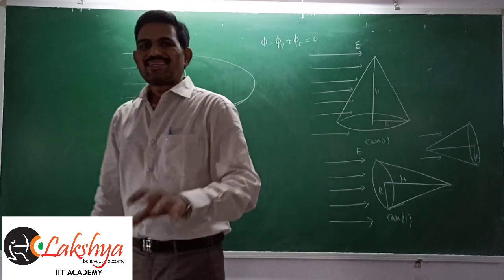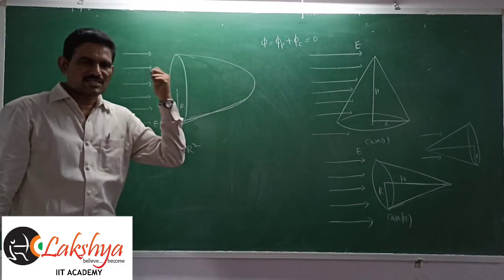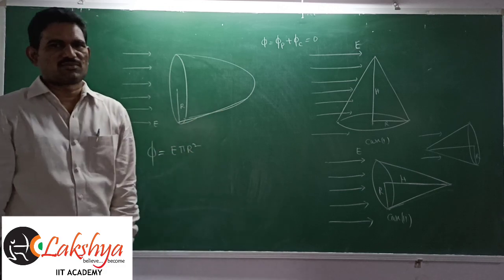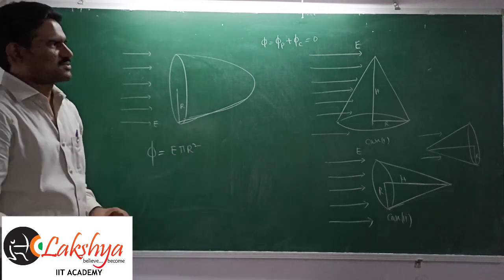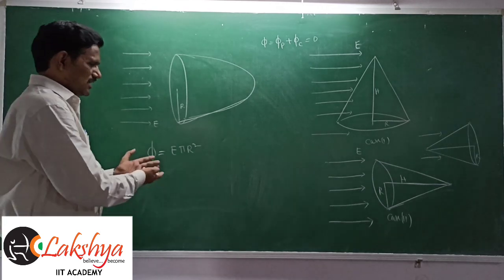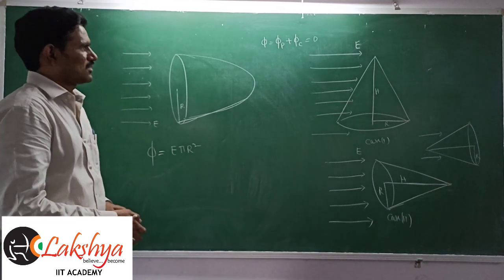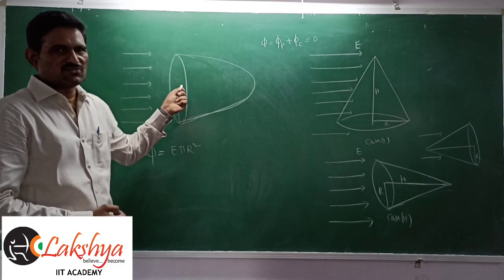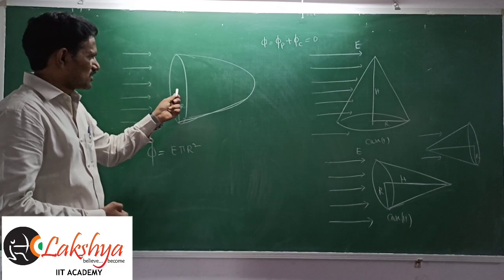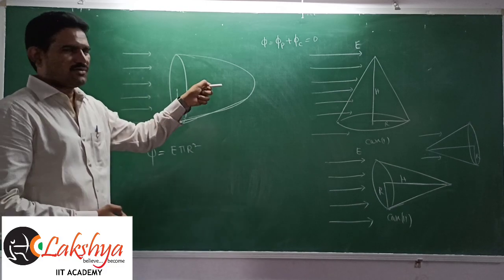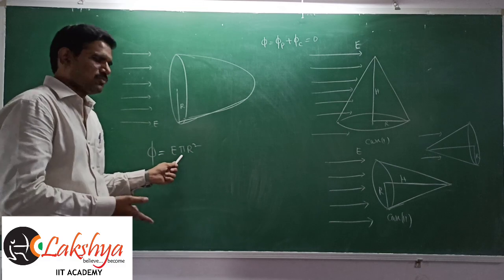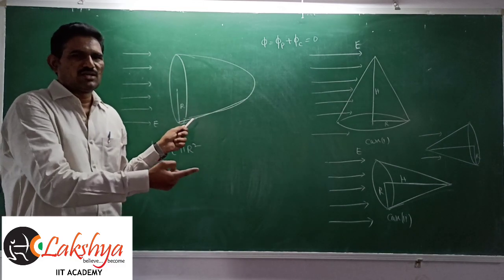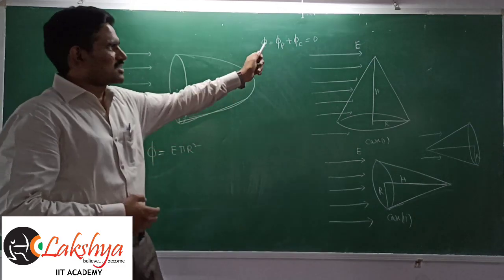If they are asking particularly about the flux passing through the curved surface or through the plane surface, we use that. Otherwise, if they are just asking for the flux passing through the given surface, then we can directly write its magnitude like this. For example, in this case the flux passing through the plane surface will be minus E into pi r square, because the area vector is on this side and the electric field is on this side. Then the flux passing through the curved surface will be plus E into pi r square, because their sum should be equal to 0, as no charge is enclosed by this curved surface.